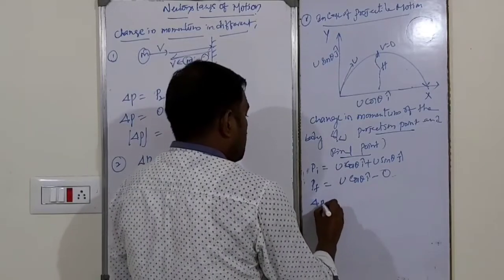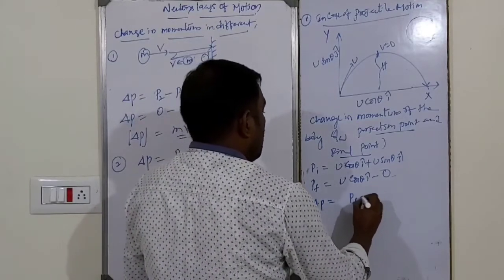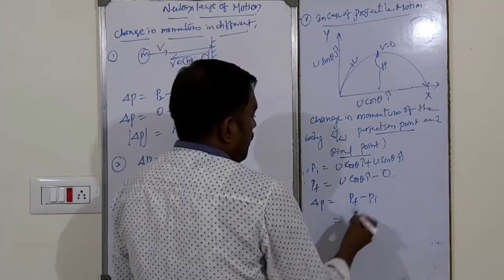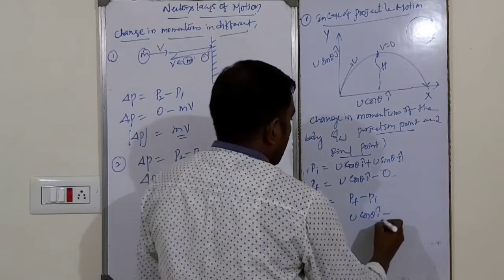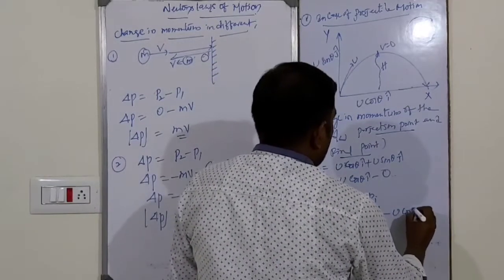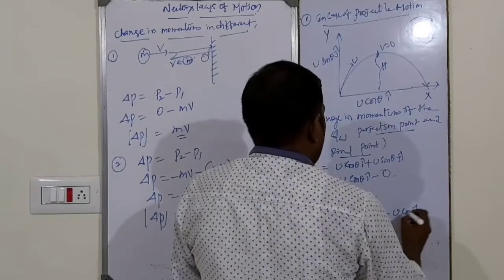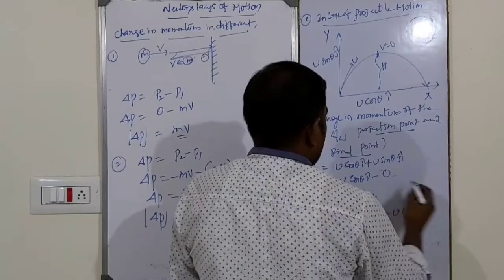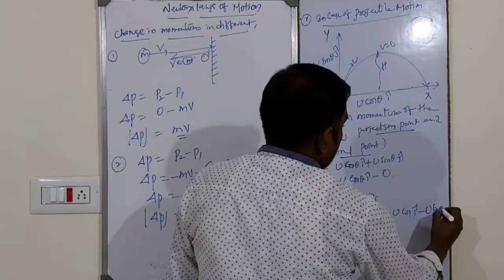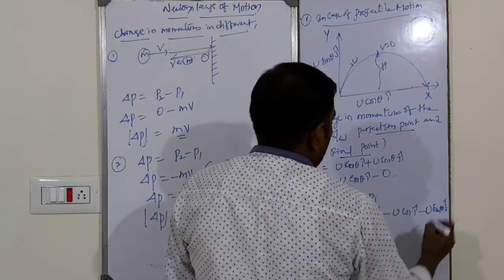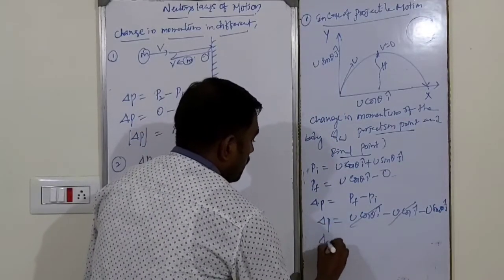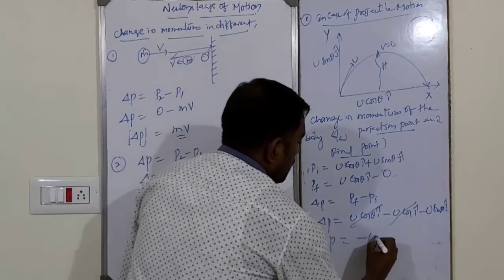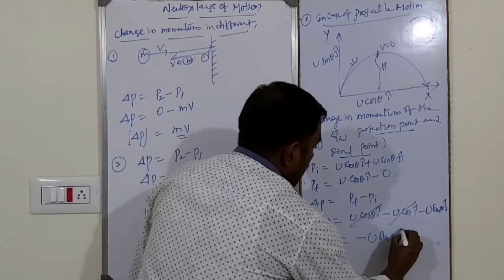Change in momentum is equal to Pf minus Pi. Pf is u cos theta i cap, minus u cos theta i cap minus u sin theta j cap.